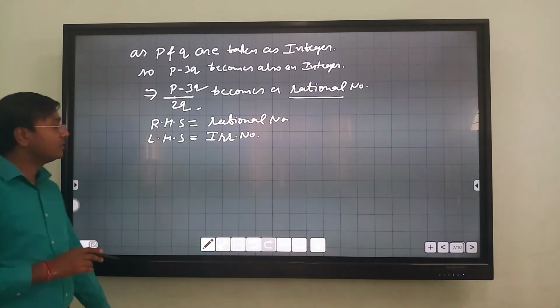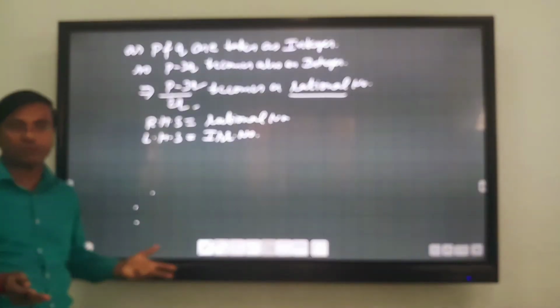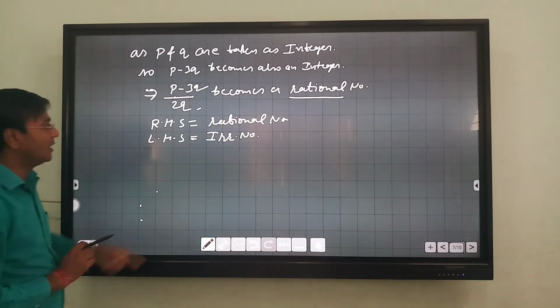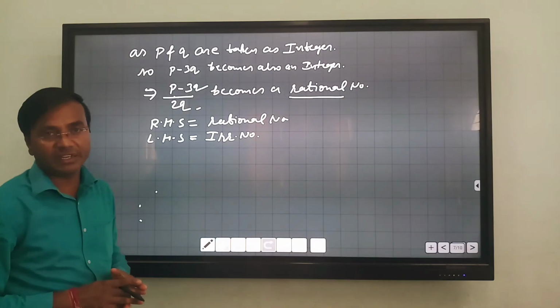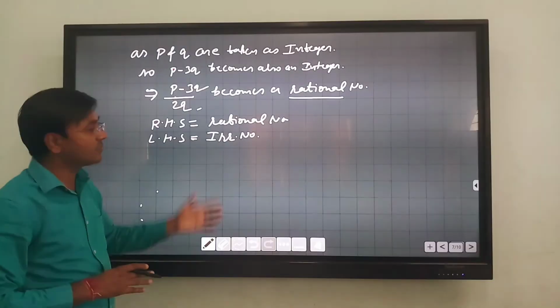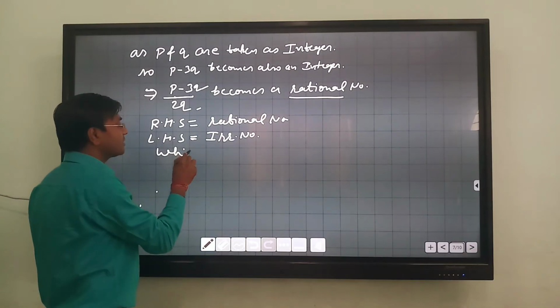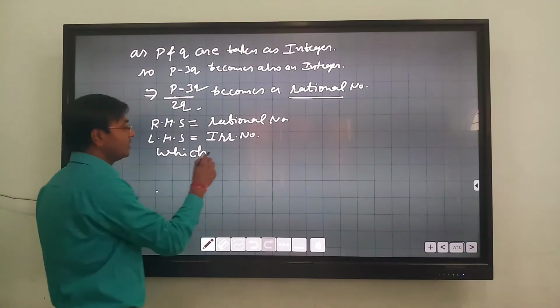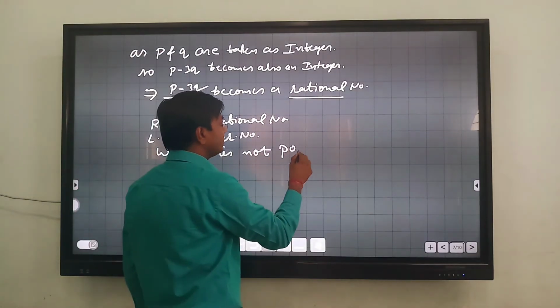So can a rational and an irrational number be equal or not? Of course not. A rational number cannot be equal to an irrational number, because both are different, distinct numbers. So this is a contradiction. Contradiction means this is not possible.